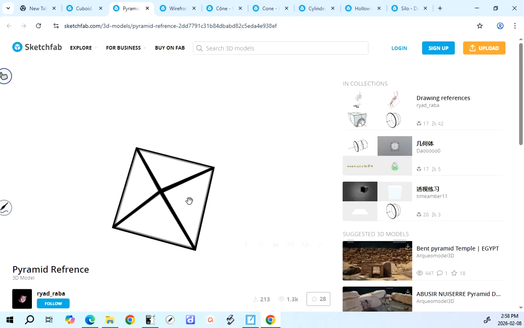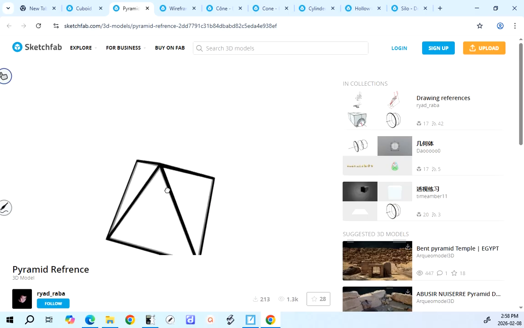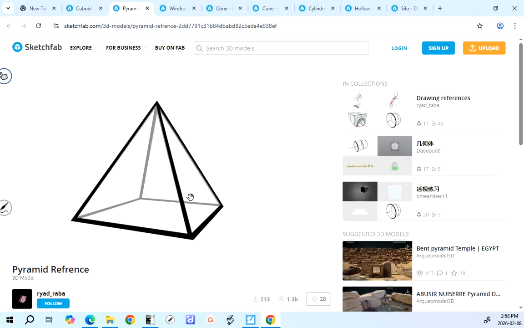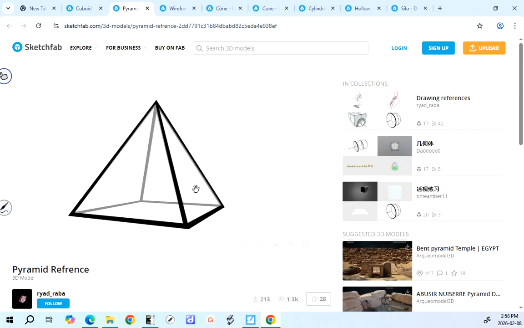These two lengths are different than these two lengths, but these two lengths are equal to each other. So what we're talking about is the right-hand face of this pyramid, this triangle I'm indicating here, is identical to the face that's behind on the left, and the face in front is identical to the face that's behind on the right. And then the bottom, of course, is a rectangle.